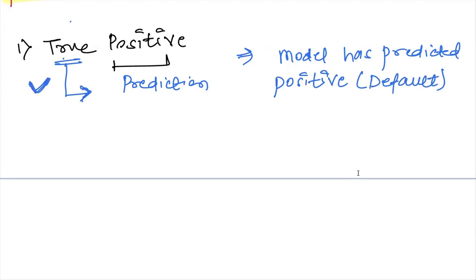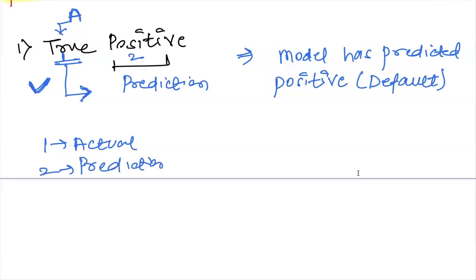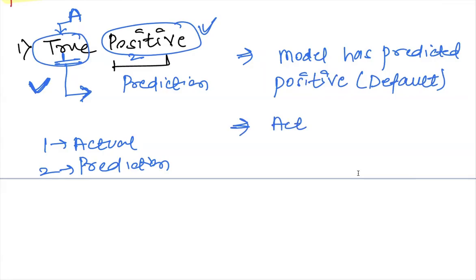The first part signifies your actual, the second part is your prediction. Always remember, the first part is what actually happened, and the second part is the prediction. So when I say true positive, the model has predicted positive, and actually also it is positive, which means that the borrower has defaulted.